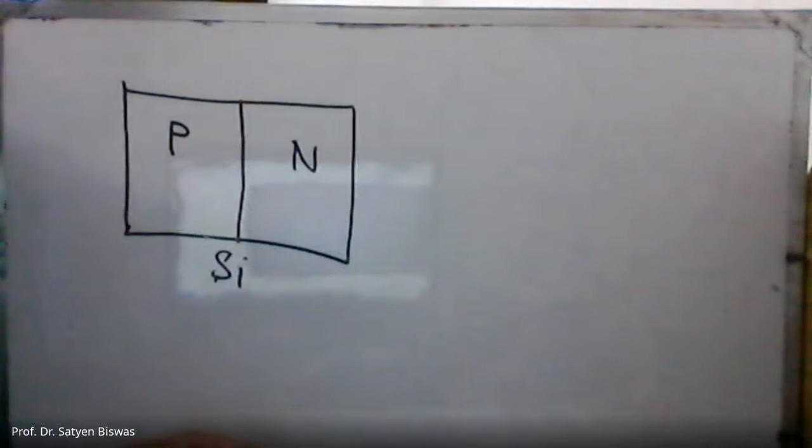As I mentioned before, aluminum gallium arsenide, gallium arsenide, or indium. Those are expensive, but the electrons, holes and carriers can move faster through those compound materials.